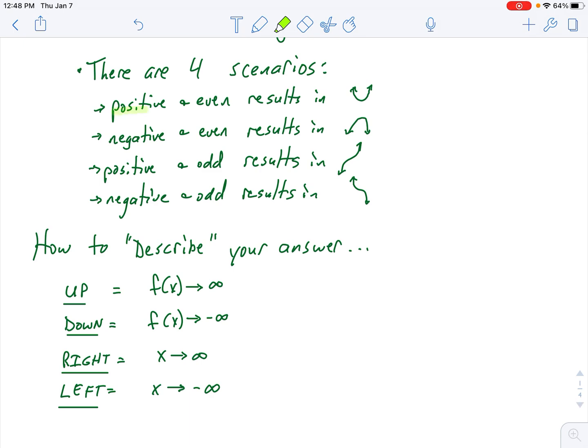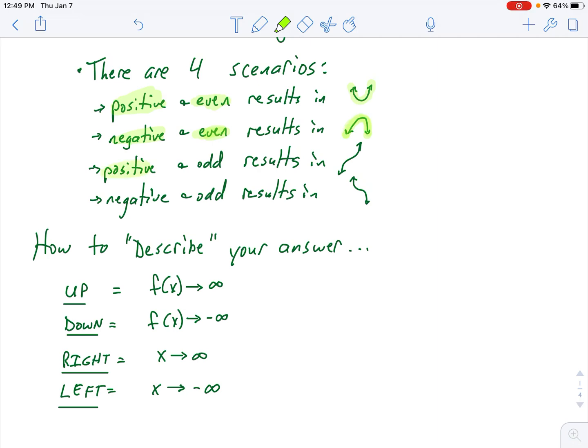You can have a positive lead coefficient with an even power, and the result is a right side up, sort of a U shape. Or you can have a negative lead coefficient and an even power. That negative flips it upside down. So the even power makes it a U shape, the negative makes it upside down.